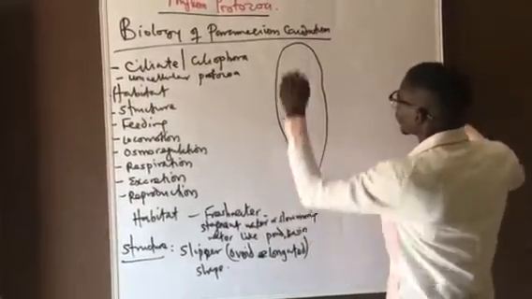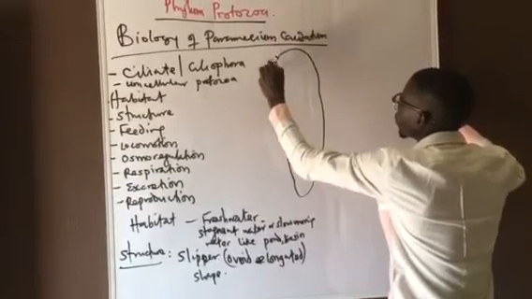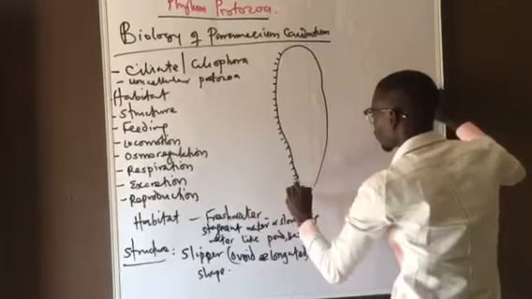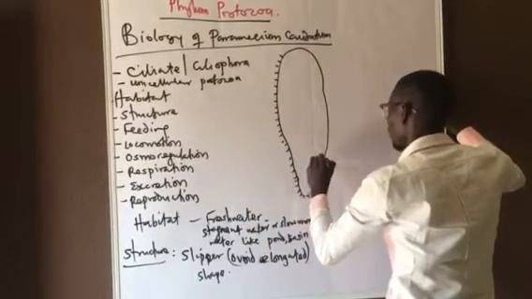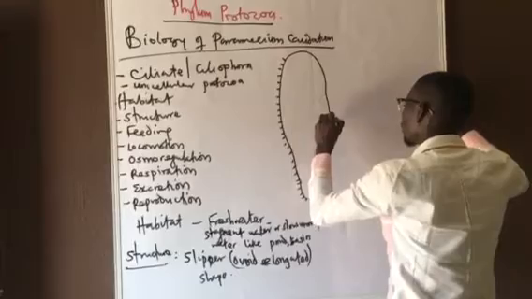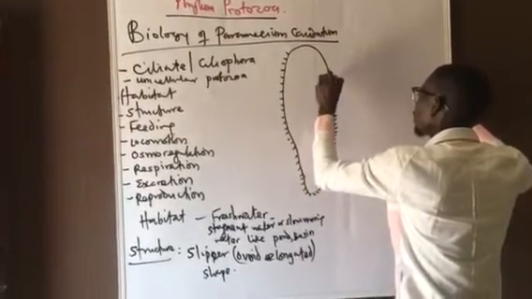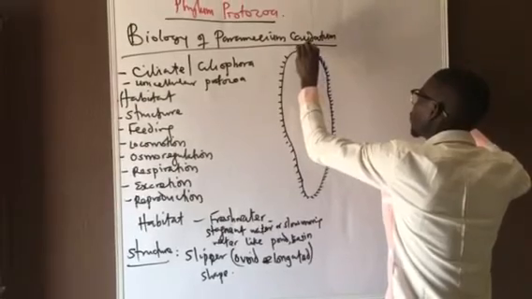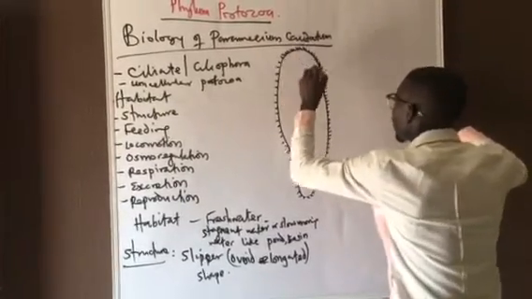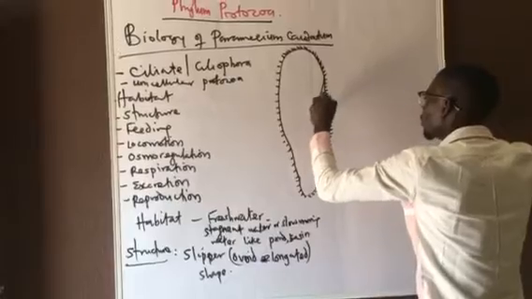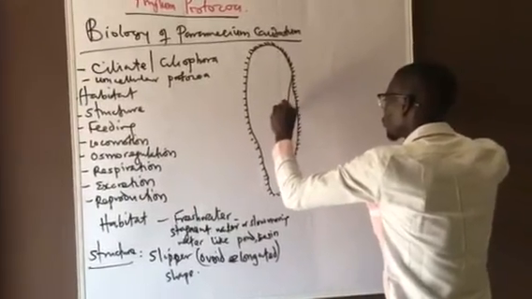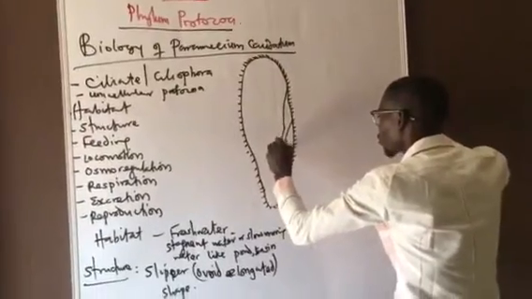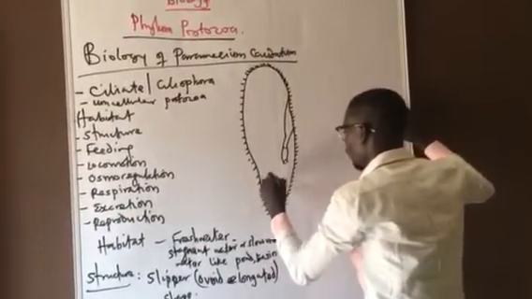So we have cilia around the body. It comprises of cilia, and this cilia occurs in pairs around the body, and we also have the oral groove, which leads to the mouth. We have the food vacuole.